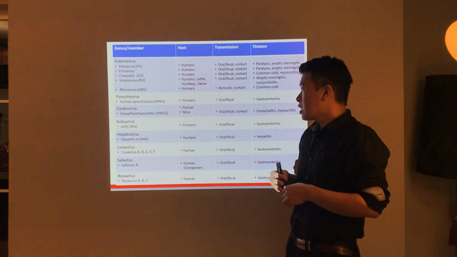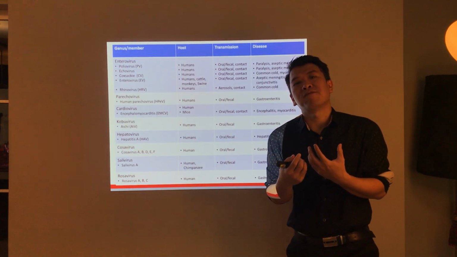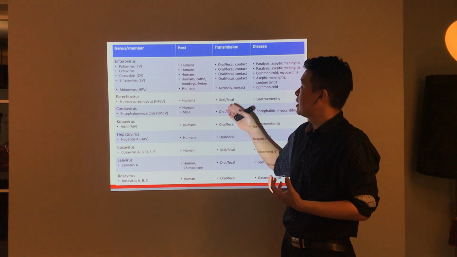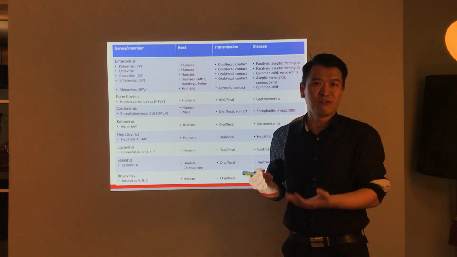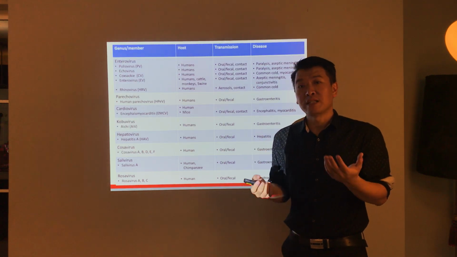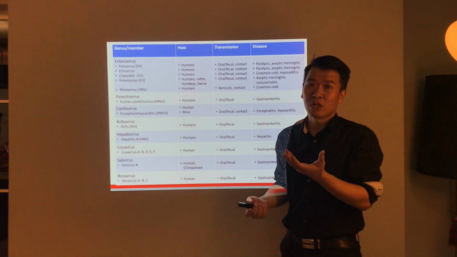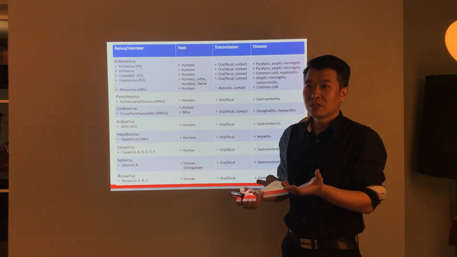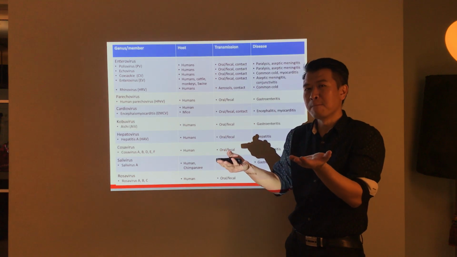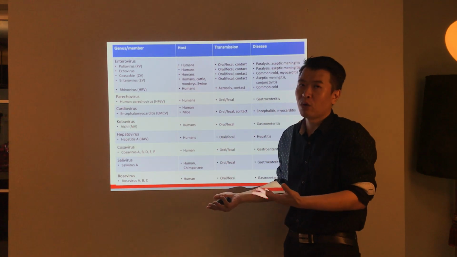So for a student, sometimes they find it very difficult to imagine how it is transmitted through the oral-fecal route. Well, in a country that is underdeveloped, where the sewage system is not really well established, you tend to have the water and the sewage getting mixed or accidentally poured into the drinking water.